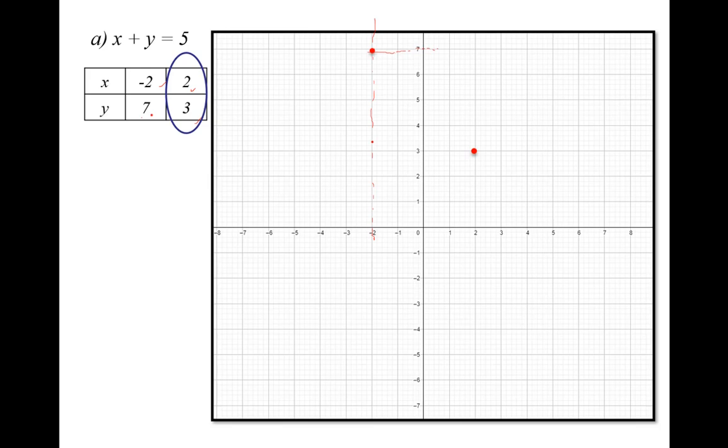So, yung 2, 3, ito na siya. This is our second ordered pair na 2, 3. Then, i-join lang yan. Since meron na tayong dalawang points, i-connect lang natin yan. So, we'll have this graph. So, basically, that is the graph of our equation x plus y equals 5.